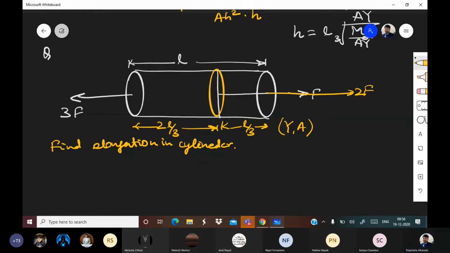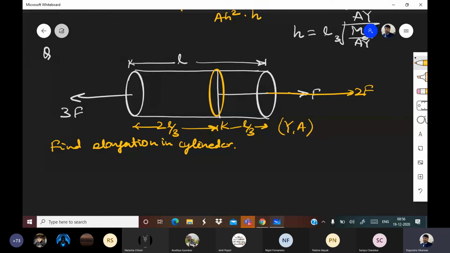So what is the meaning of F and 2F being in different colors? The different colors are just to make you aware that one force is here and one force is there. Otherwise, there is no other meaning of different colors. One force is only at this point and the other is only at that point.